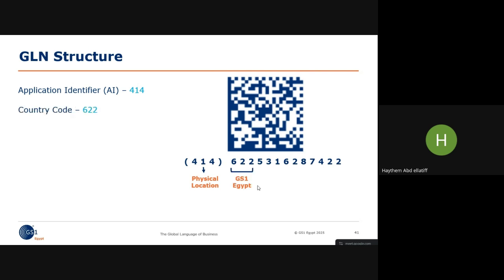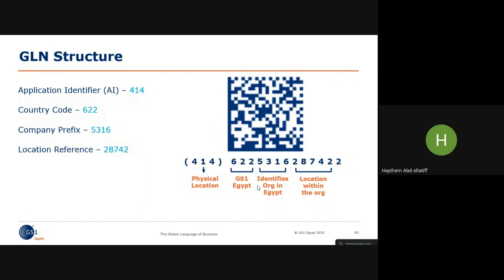And this is the GLN structure: the application identifier for the physical location, the first three numbers for the country code, then the company prefix, then the location reference, and the last number for the check digit.